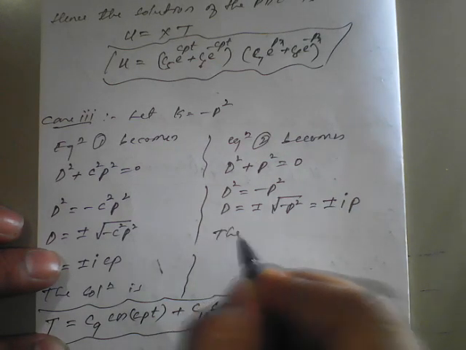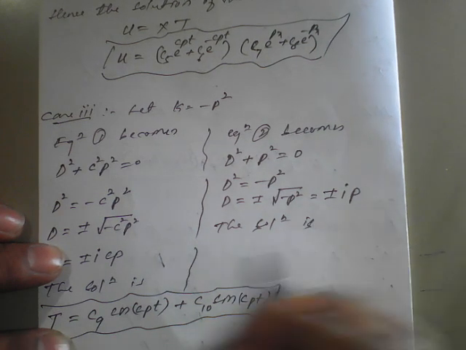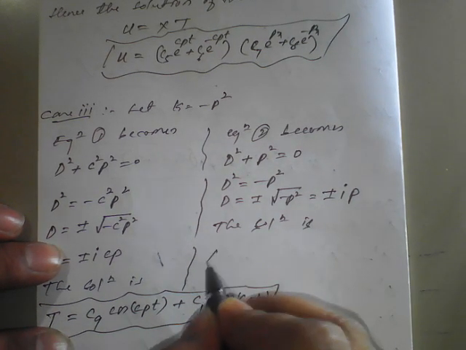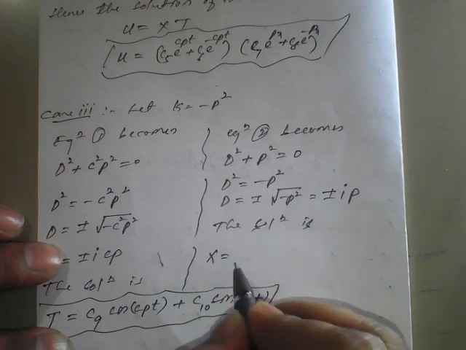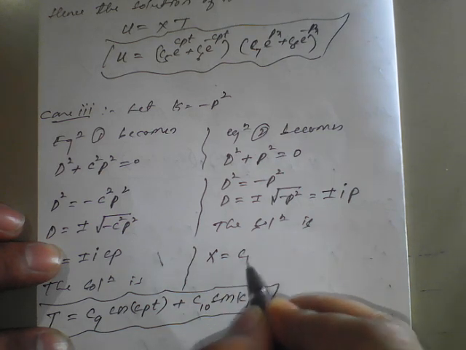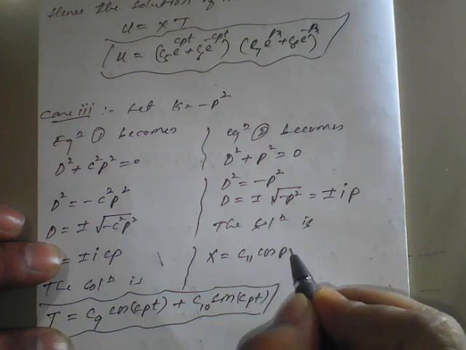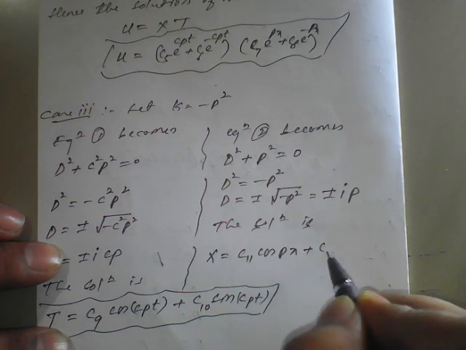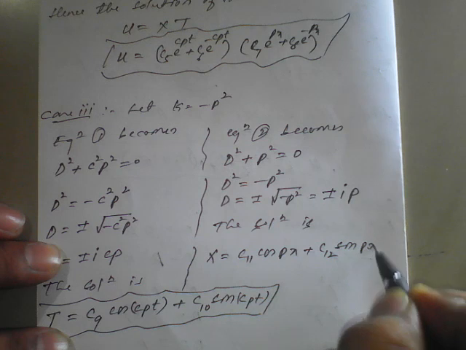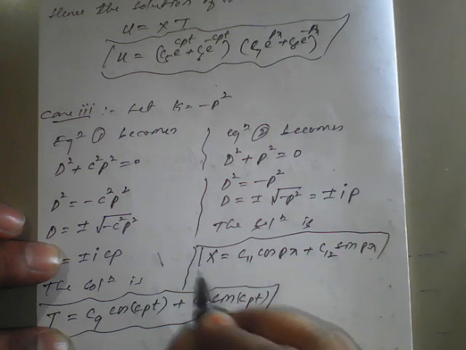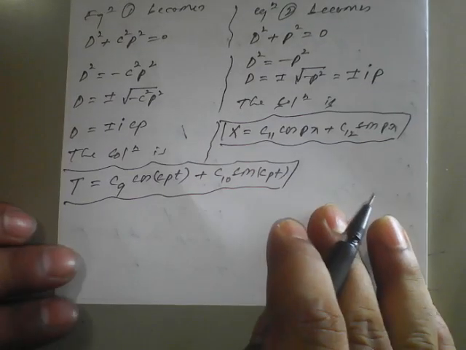So the solution is in terms of x, so capital X is equal to, up to C10 we have taken, I will continue, C11 cos of px, since it is with respect to x, plus C12 sin of px. So these are the solutions for T and X. So we have to conclude the final solution.